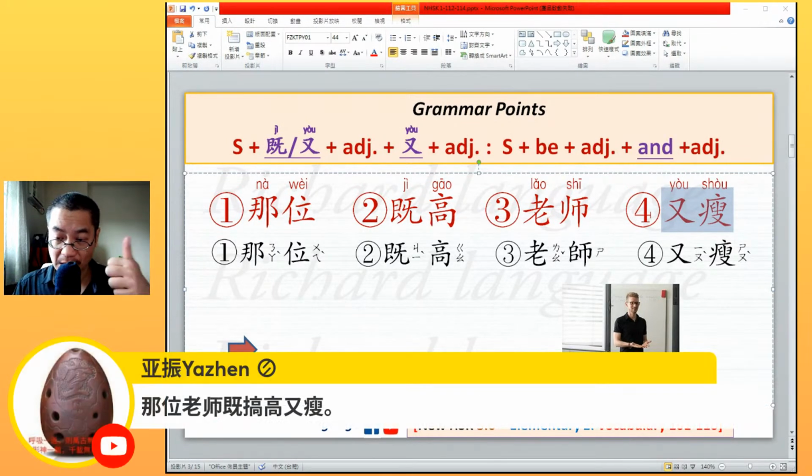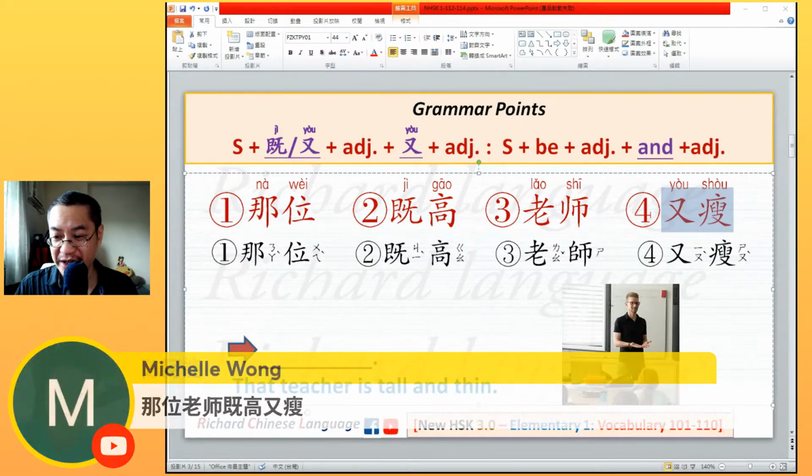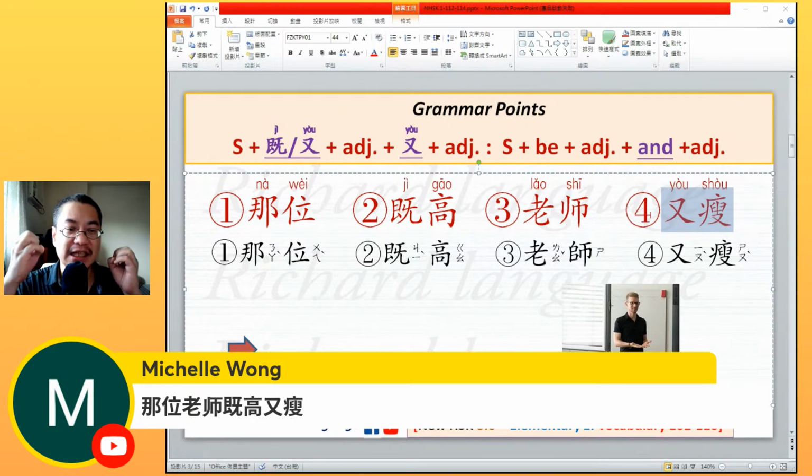那位老师既高又瘦, like both tall and thin. Very good. Teacher Richard, 既高又瘦. Very good. Michelle, 那位老师既高又瘦.